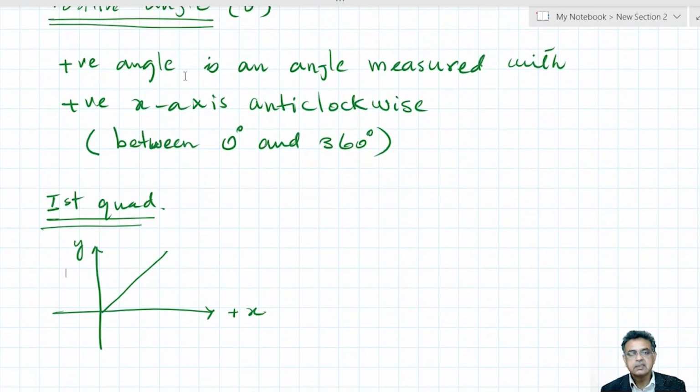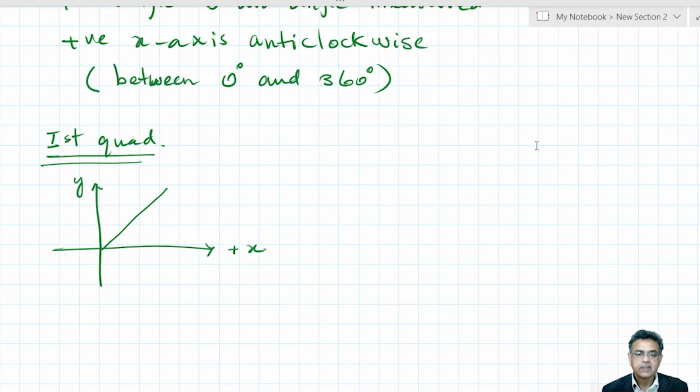According to this definition, the angle is measured with the positive x-axis anti-clockwise. So this is the positive x-axis and this is anti-clockwise. So this will be theta. You can see that we are taking the angle anti-clockwise until that line.